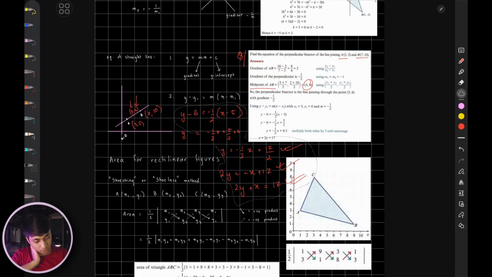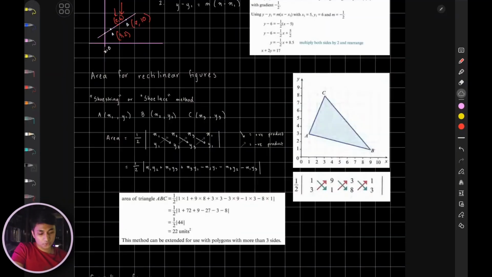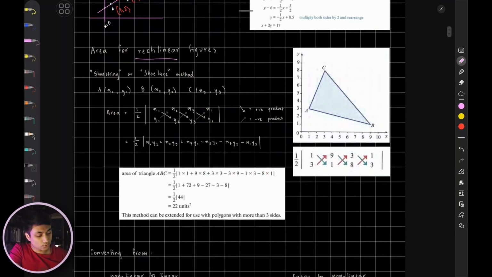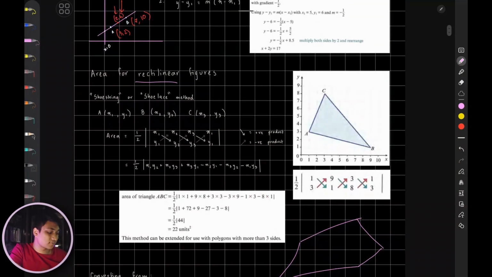Next, we will move on to the next topic, which is probably finding the area. Okay, so the next thing we talk about is finding the area for rectilinear figures. What does this mean? Basically, any sort of shape that is made out of straight lines. So if you have, let's say, this weird shape, I don't know what this is, but consider it to be a shape consisting of 5 straight lines.